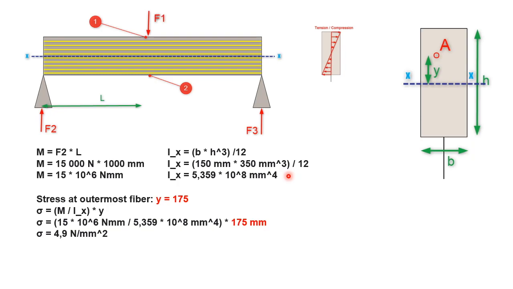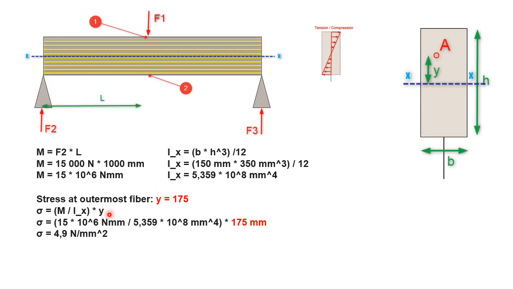Here we have inserted all the values, and we calculate the second moment of area of this beam. In order to do this, we are always interested in the stress in the outermost fiber, because that's where a crack starts. And if there first is a crack, it will open for more and more propagation of the crack. This is what you're trying to avoid in a mechanical design.